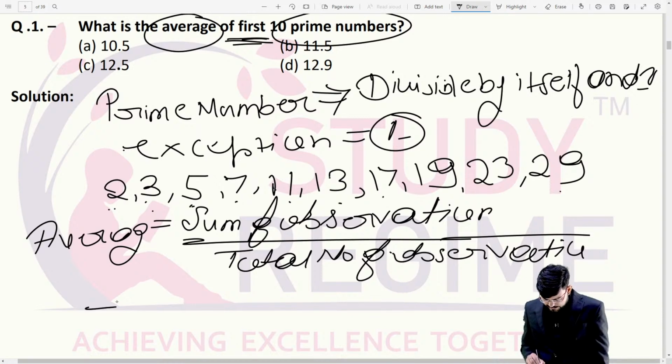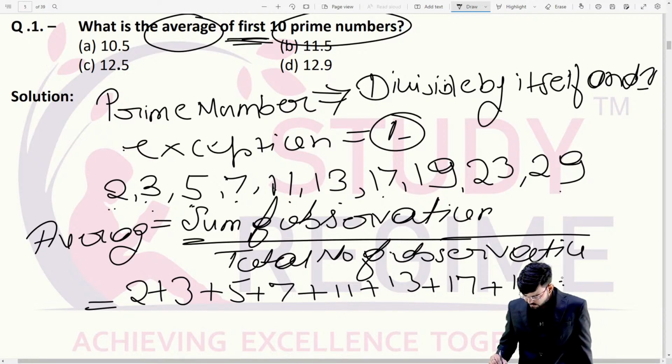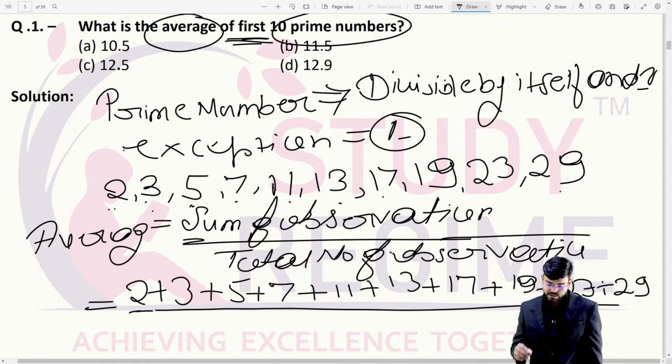Now to find the average, I would like to write it like this: 2 plus 3 plus 5 plus 7 plus 11 plus 13 plus 17 plus 19 plus 23 plus 29. Now you need to divide it by how many observations there are. In this question it is already given that there are a total of 10 observations.